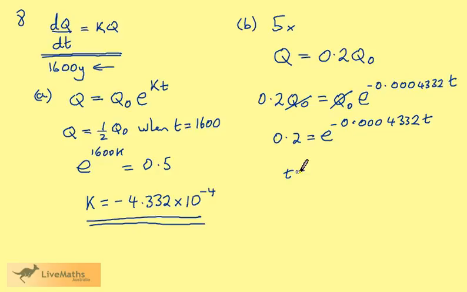This gives us that t is 3715.23 and so on, so that's 3715 years.